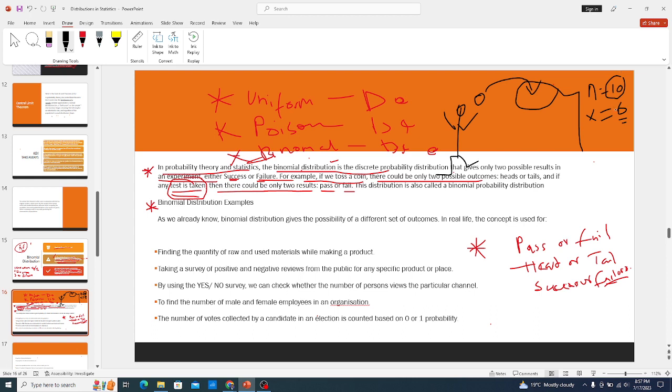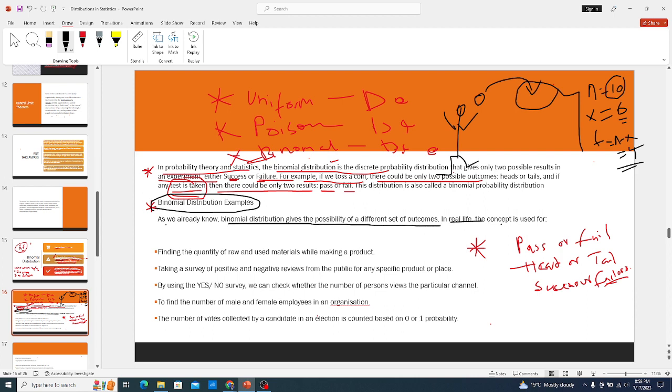The rest were not successes, they were failures. So failures we had N minus x, which is 4. You can see we are dealing with two possible outcomes in this case. Good. Let's continue with the binomial distribution examples. As we already know, binomial distribution gives the possibility of a different set of outcomes.